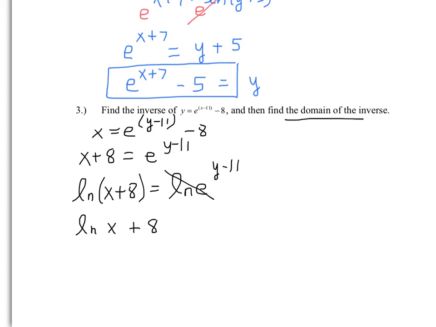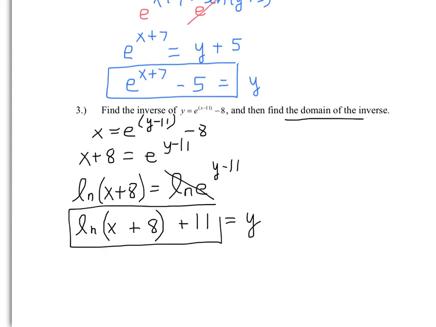We want to take the natural log of the entire quantity. So you absolutely have to have your parentheses around that entire quantity. Then from there it would equal the y minus 11. You could then add over 11 to get your y alone. So this right here is my inverse.